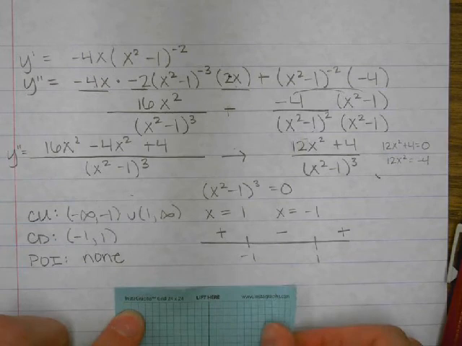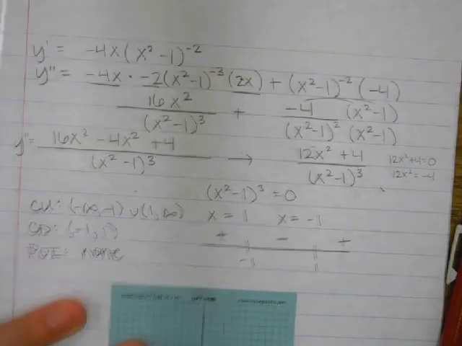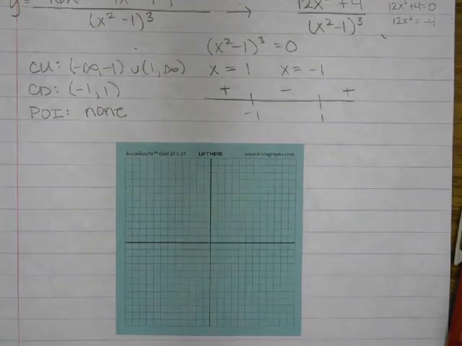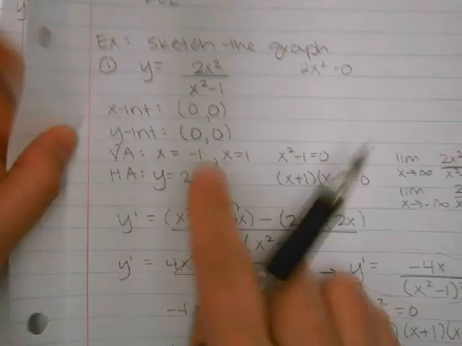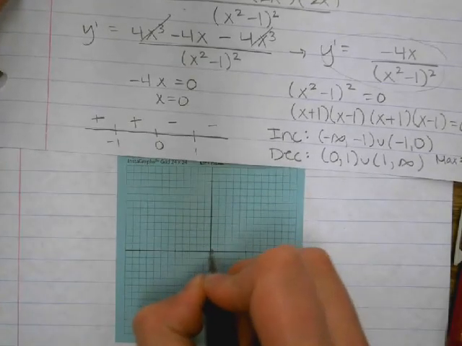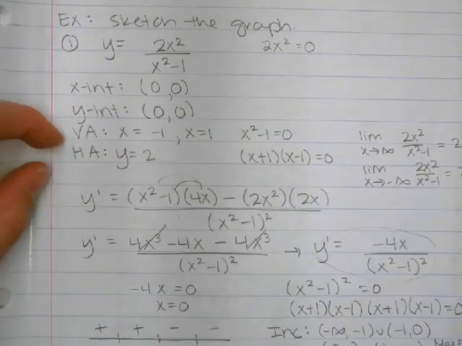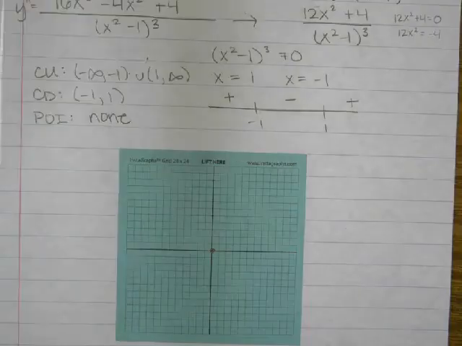Alright, so I like to be tricky and use these little graphs that are sticky notes. So, if I look at all the things I found, I know I have an x-intercept and a y-intercept at 0, 0, so I can draw that. I know I have vertical asymptotes at -1 and +1.